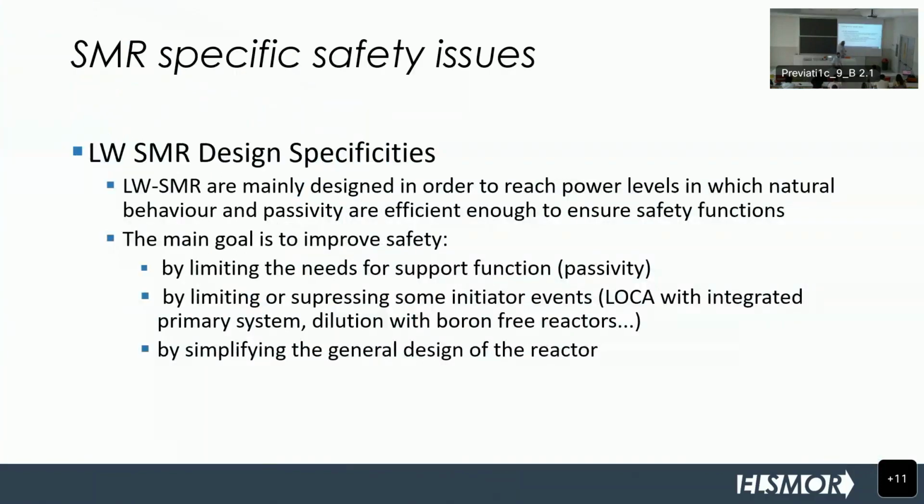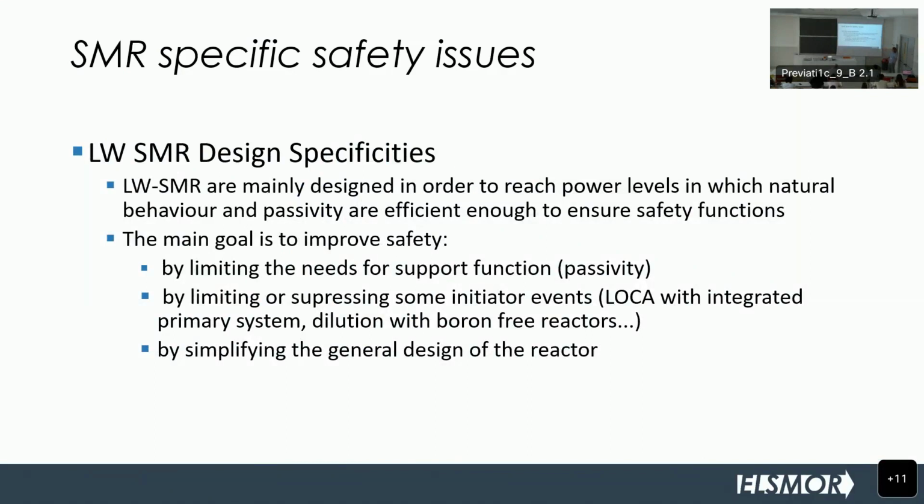Yeah. So, as you already heard many times, this kind of design of laboratory SMRs aims to be at a power level and power density in which we can do many things with passive safety features that rely on natural convection and so on.